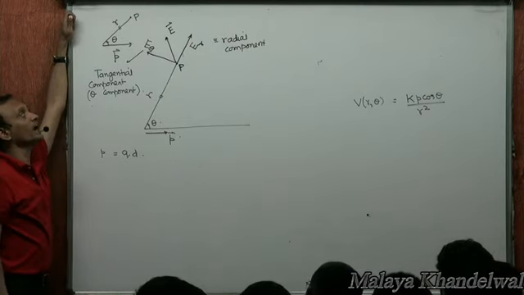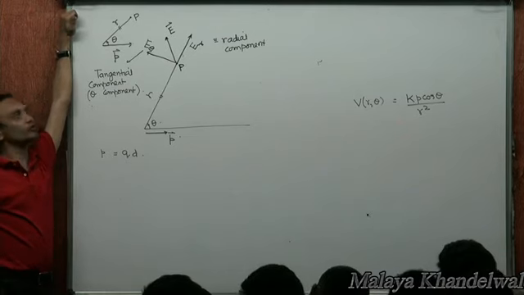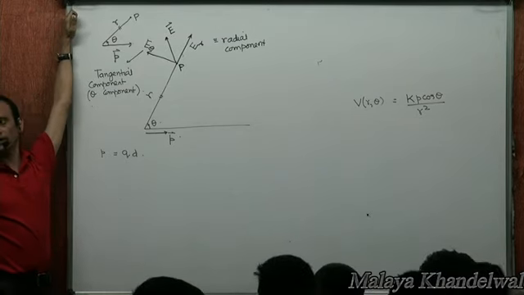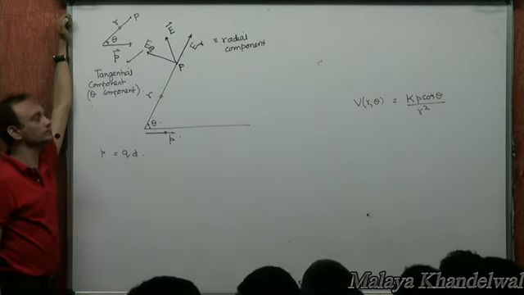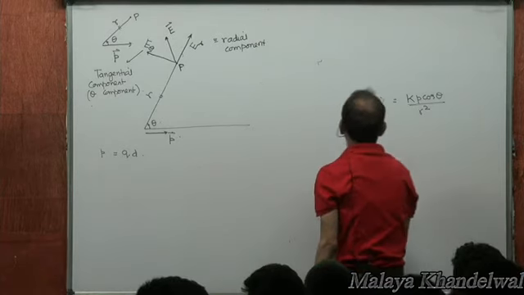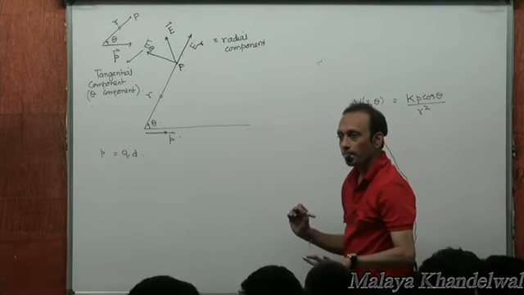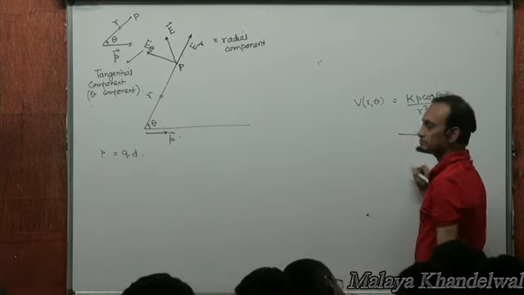I want to find E_r and E theta. If I know E_r and E theta, I would know E. E would be root of E_r squared plus E theta squared, right? Clear? Now, if you remember, suppose this is the x direction.